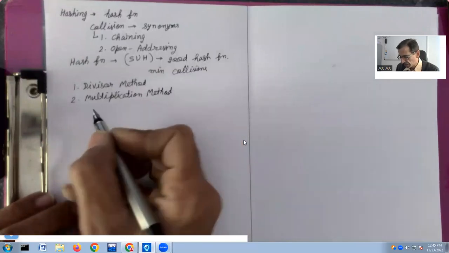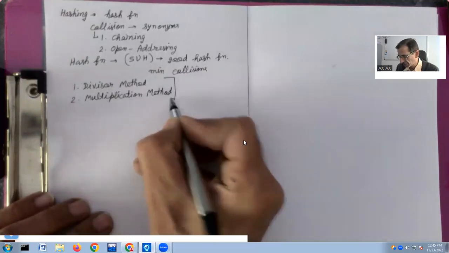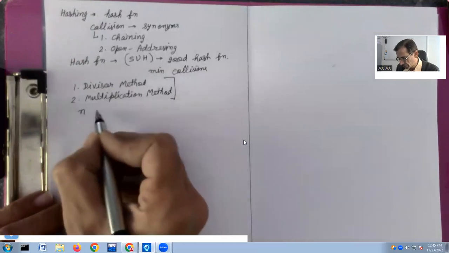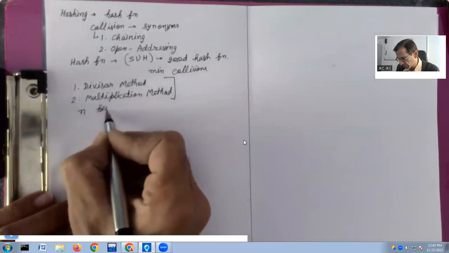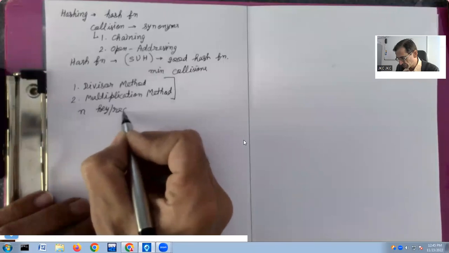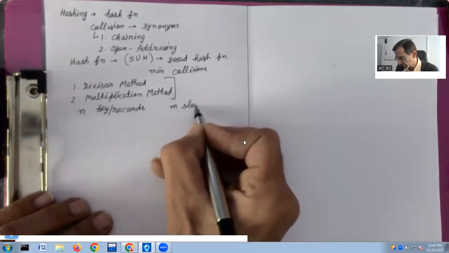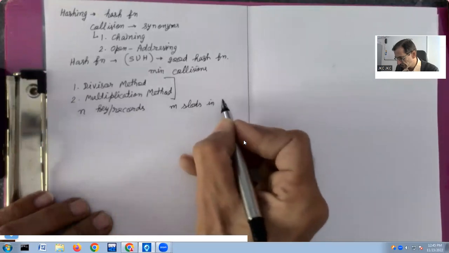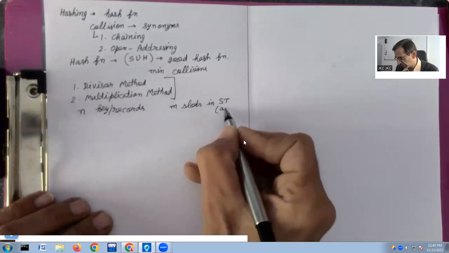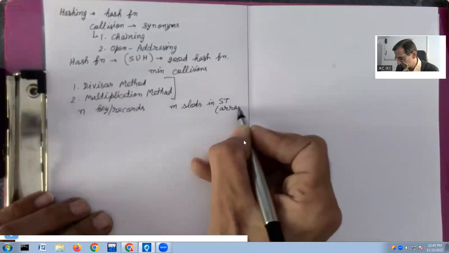In both of these cases, the requirement is that we already know there are n key values or n records which are to be stored. And we have m slots available in my storage table, which is effectively an array.